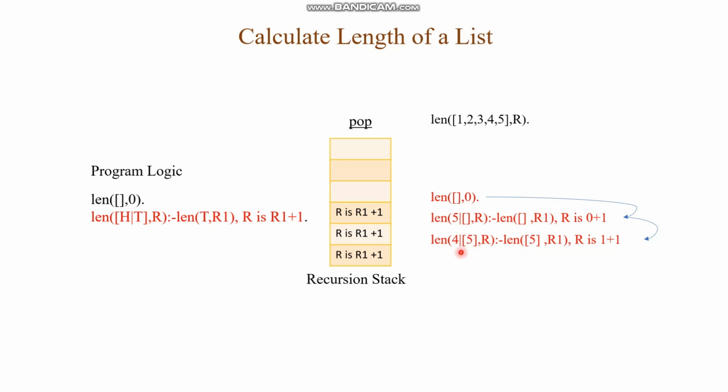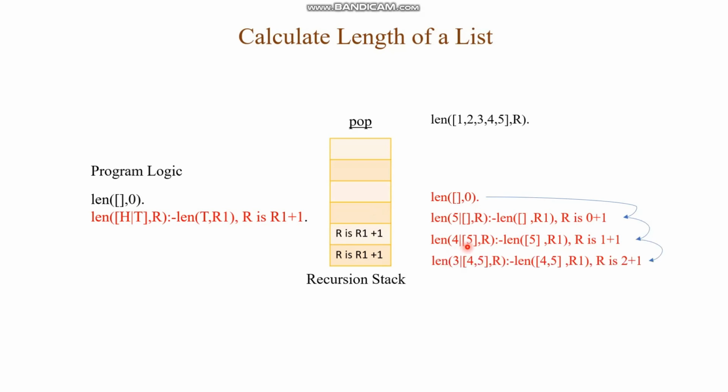But it doesn't matter, when it is passed as a parameter, it will be as one list, a list containing 4, 5. Now, by using the previous value, that is the result of this particular function, R1 is 1, where 1 is again incremented and R is being calculated, and this R is for this particular function where the list contains 4, 5.